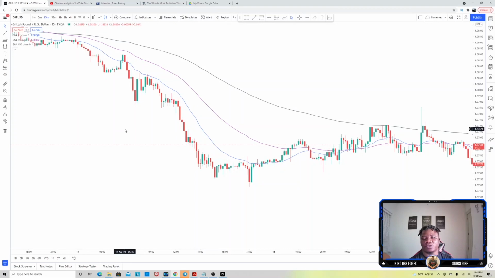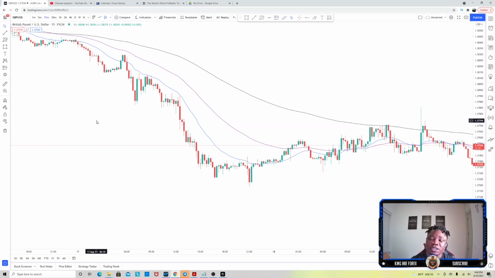Now for you to be able to use this strategy, there are rules we need to follow. When we want to use this strategy, we need the 3 EMAs to be going the same direction, heading towards the same direction, whether it's for a sell or for a buy.